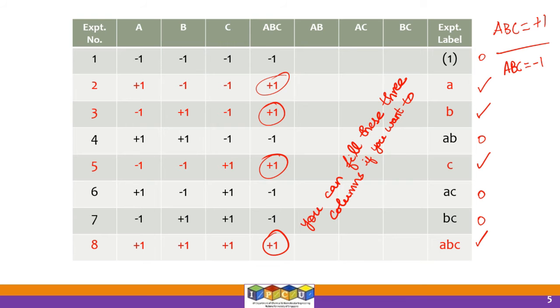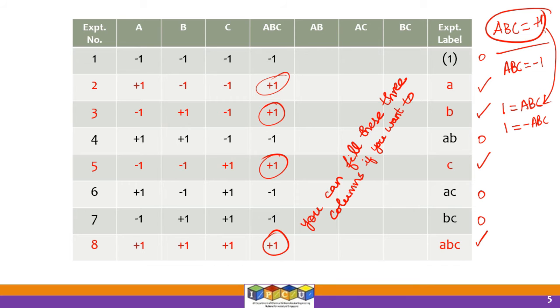All right. So I can also write it like 1 is equal to ABC, or I can say 1 is equal to -ABC. Why? Because I'm just writing it in this particular form. I'm just flipping the left and right hand sides.